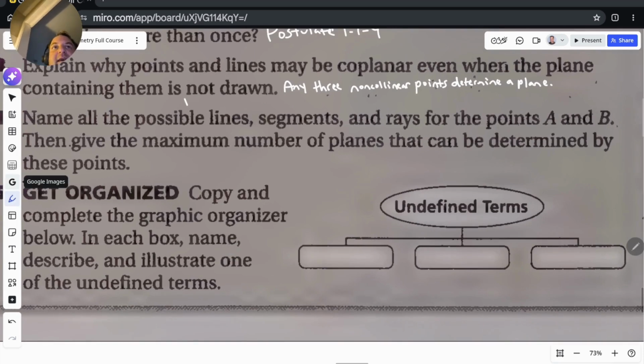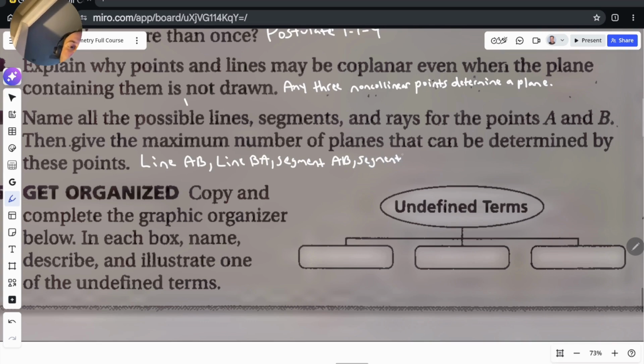Let's go ahead and write that out. We'll say line AB, line BA, segment AB, segment BA, ray AB, ray BA, and the maximum number of planes is 0.